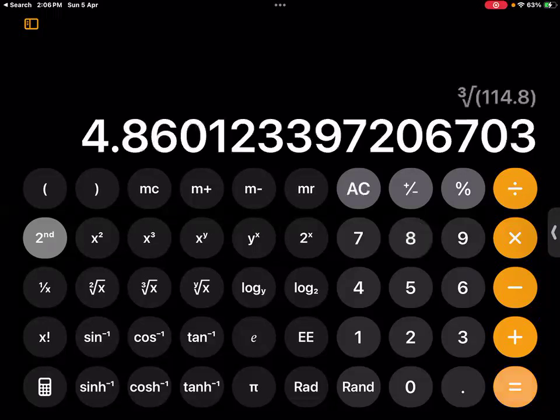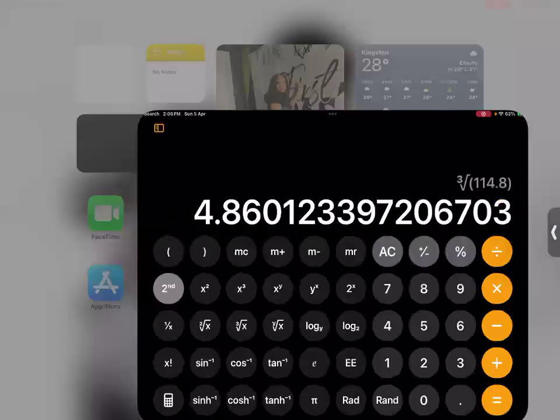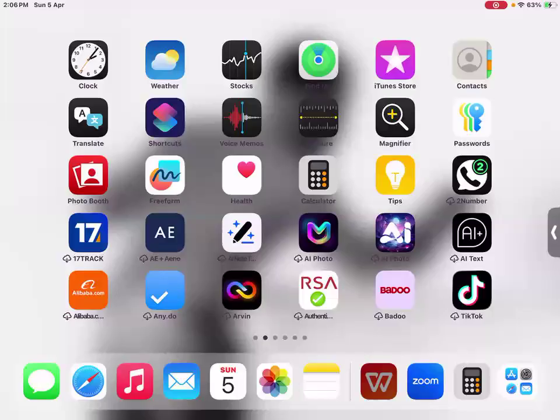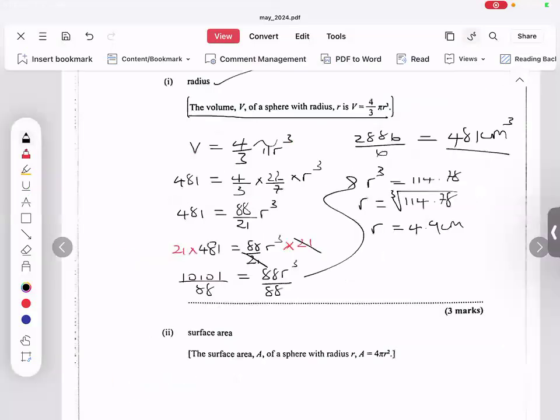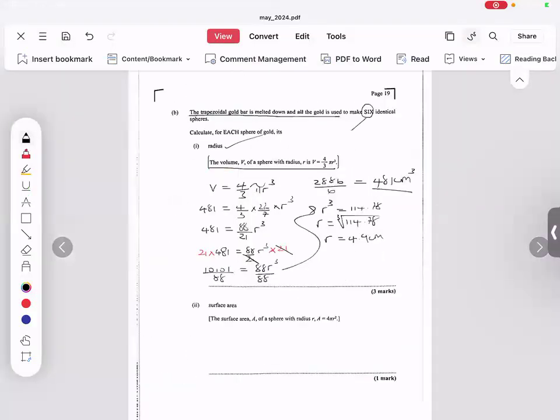So the cube root of that is going to be, the radius is going to be 4.9. So this basically has a radius of 4.9 centimeters. That's it. So that's the mathematics.